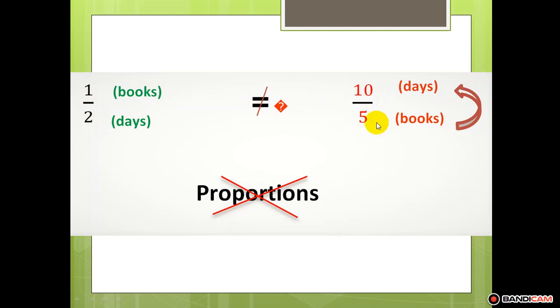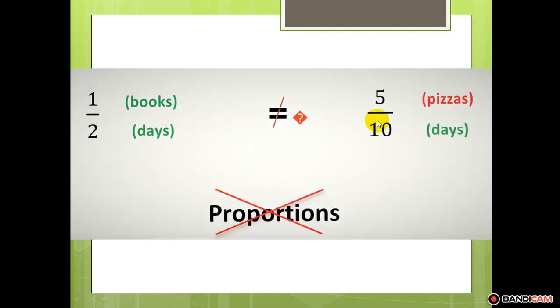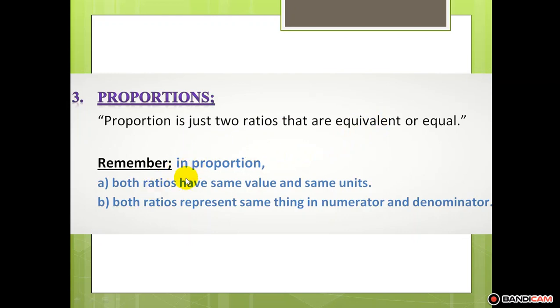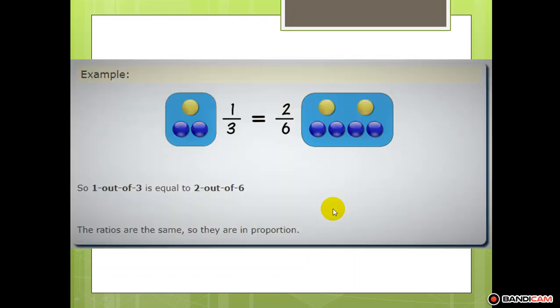So these two fractions in this manner are also no longer in proportion. So we should keep in mind that in proportions, both equivalent ratios must have the same value and same units, and also they represent the same thing in numerator and denominator.